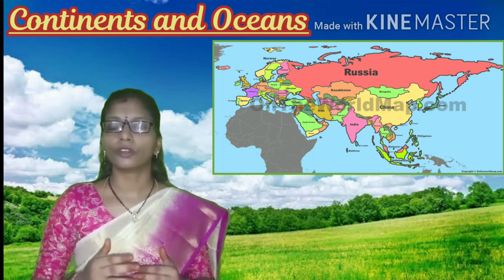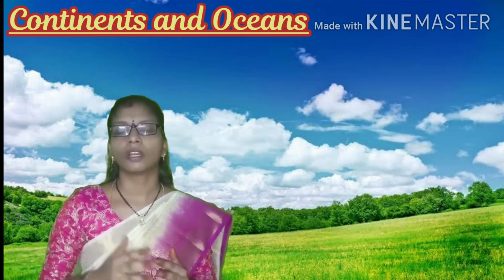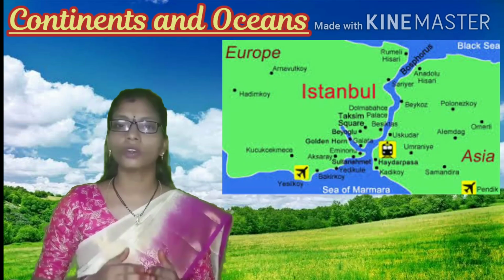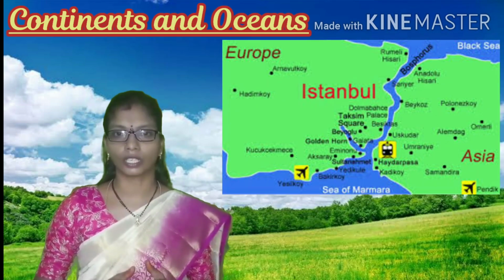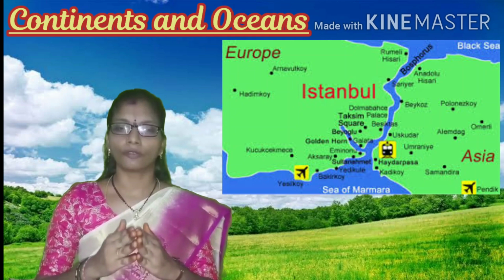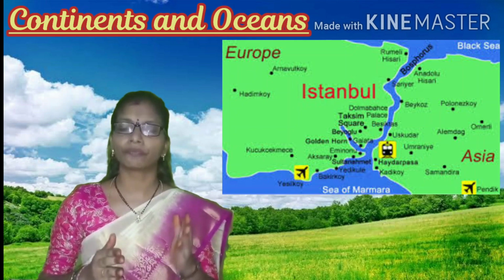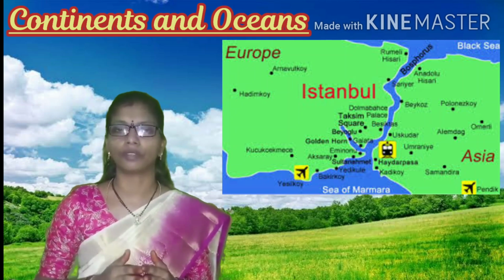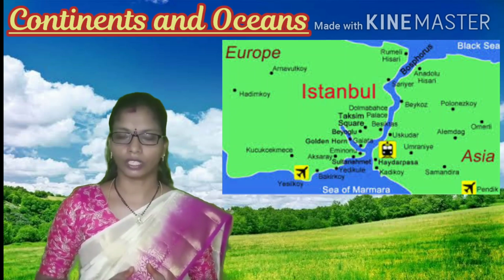Even one of the cities in Turkey, Istanbul, also lies on both continents. The western part of Istanbul lies in Europe and the eastern part in Asia.